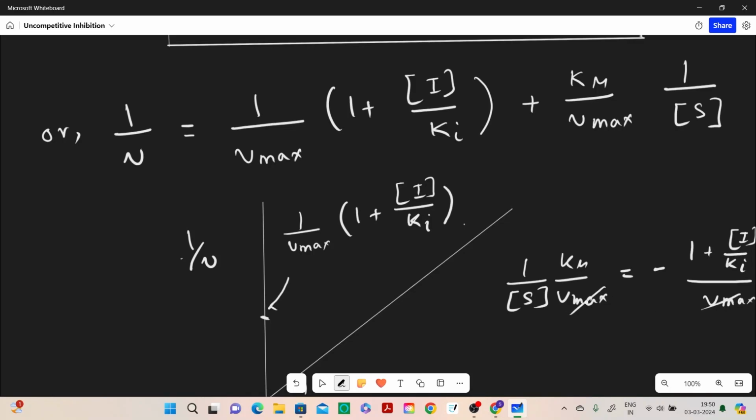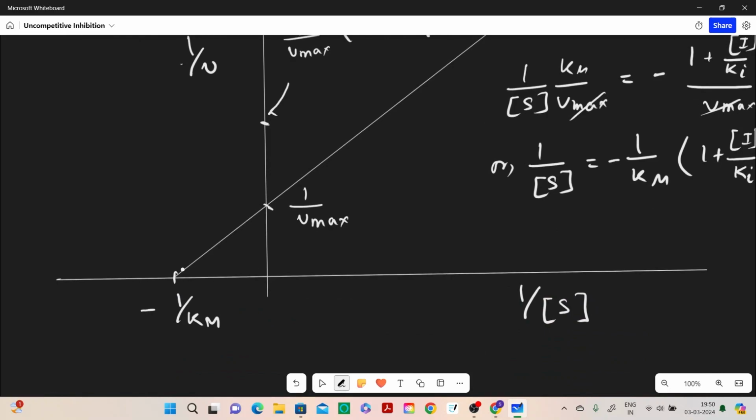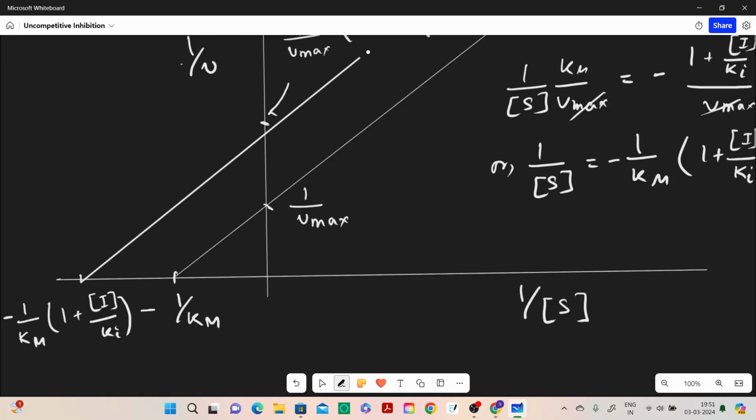So this cancels out, and 1 by S becomes minus 1 by Km into 1 plus I by Ki. So this will also move further away from the 0. So the equation will become something like this. Okay, so 1 by Vmax increases and Km decreases.